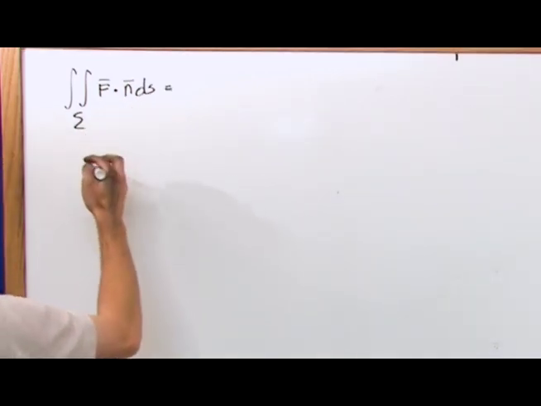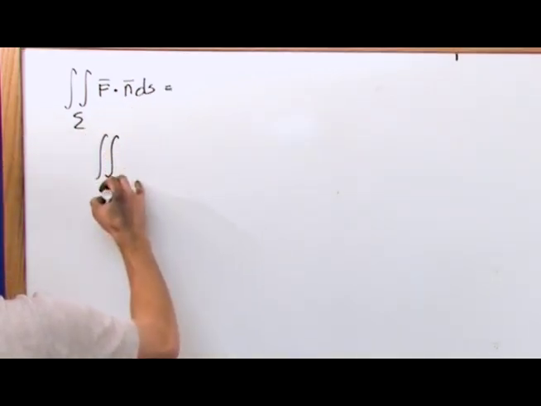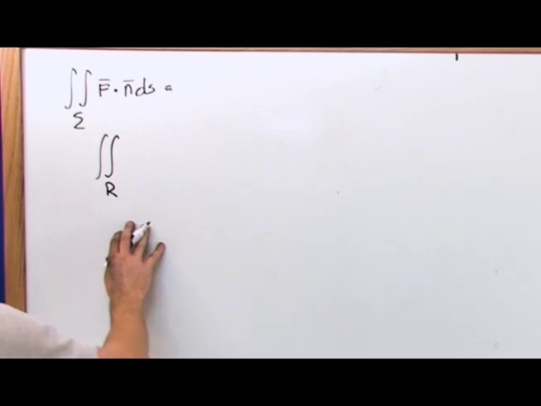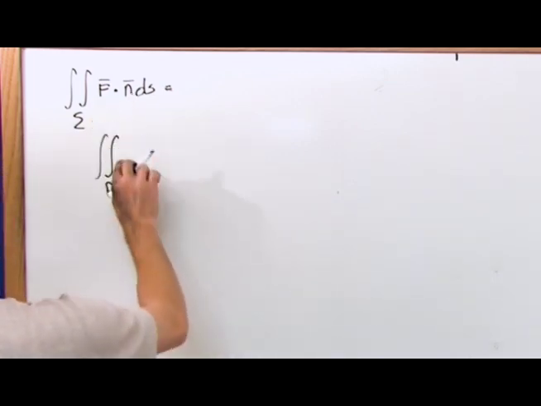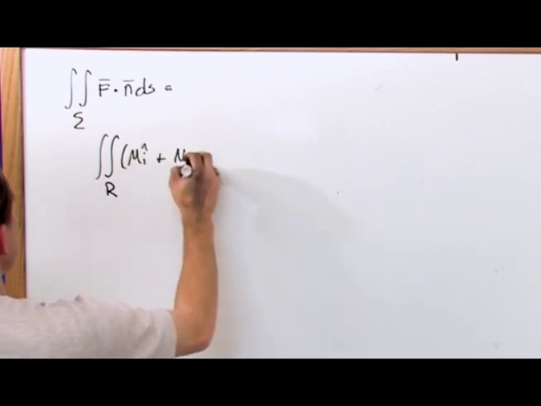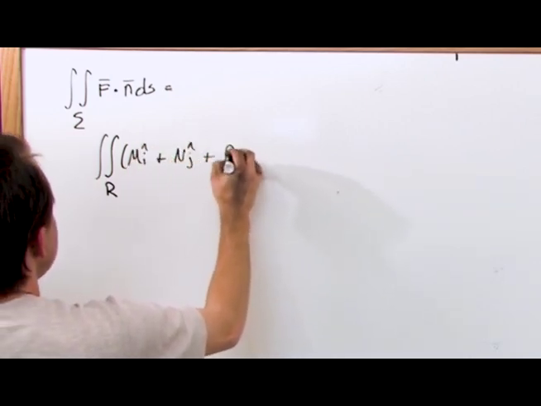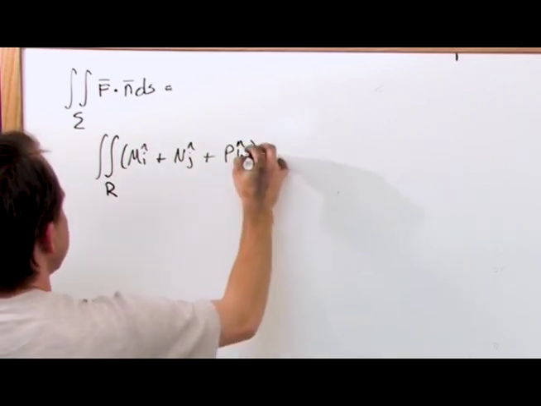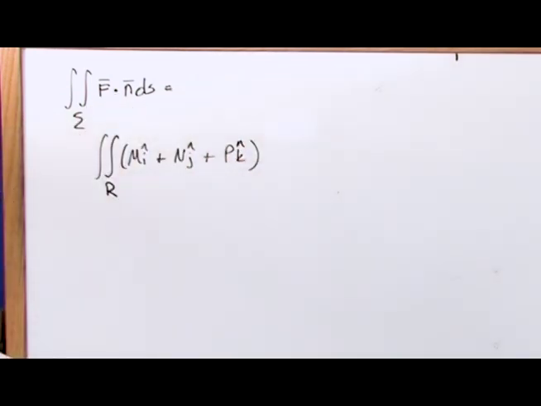So I'm going to write this as a double integral over the region R of the following. I'm going to write F as M in the i direction plus N in the j direction plus P in the k direction. That's just the vector field.